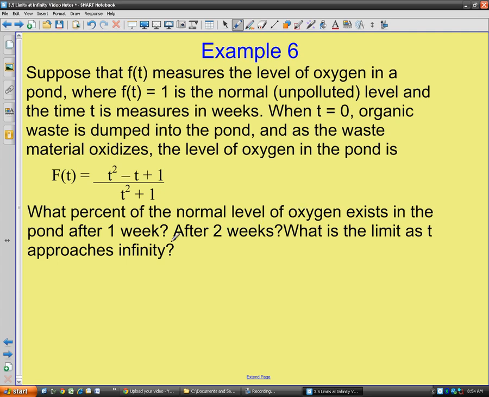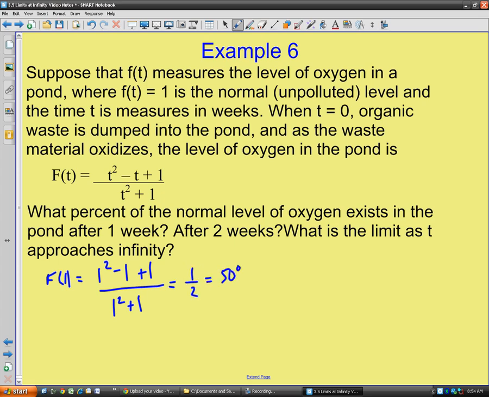So if I want to find out what's happening after 1 week, that's just f of 1, and plugging 1 in, I get 1 squared minus 1 plus 1 all over 1 squared plus 1, and I end up with about a half, which is about 50% of what exists left in the pond.